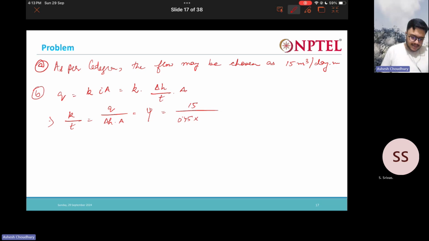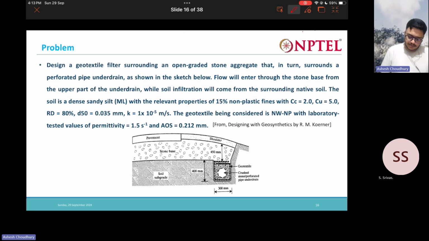Now, what is the area of flow? This head is taken as 450 mm. Okay, so this is the head that is taken. Now see here, the water flows through the stone in the upper part of the under drain.